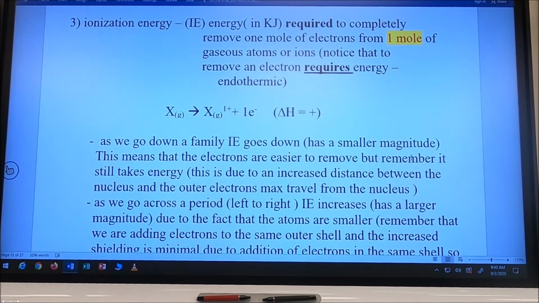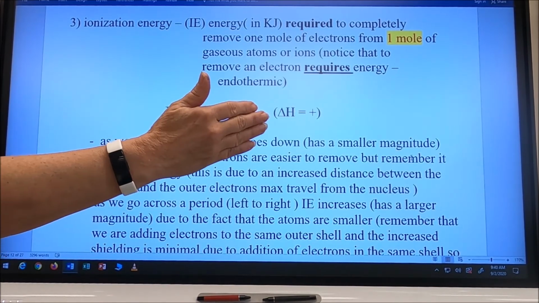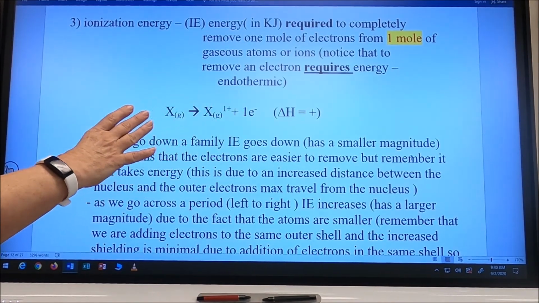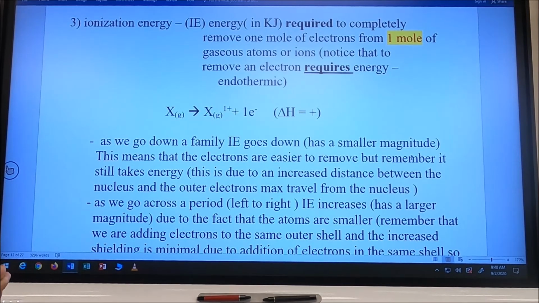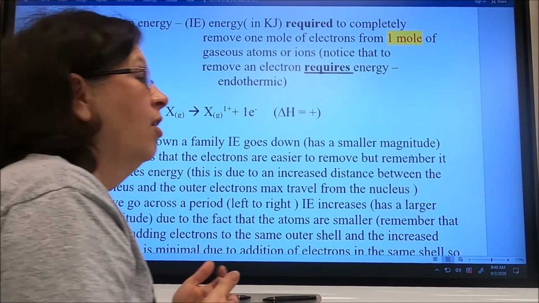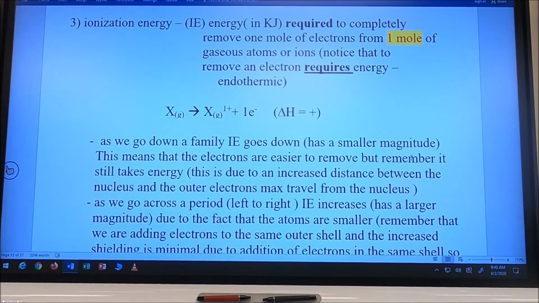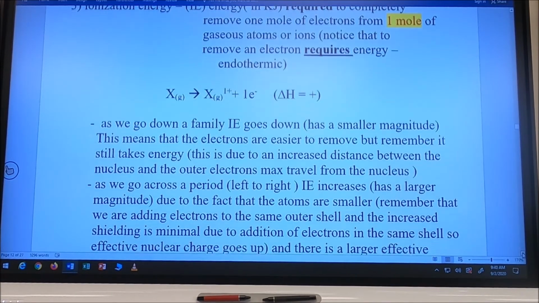As we go left to right on the periodic table, we would expect the ionization energy to go up because those atoms are smaller, those outer electrons are in closer to the nucleus, they're having a stronger interaction with the nucleus, and we have a stronger pull, a larger force we have to overcome to remove the electron. Okay, so let's look at a pretty chart.